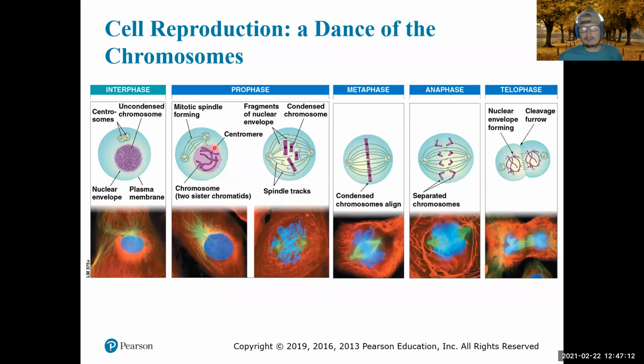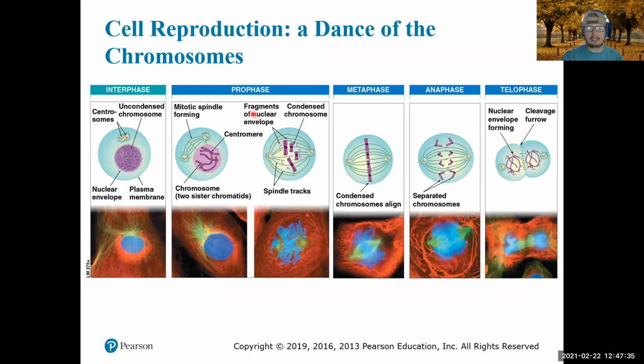And so that nuclear envelope breaks down. And then you have your mitotic spindles also forming out of the centromeres. Okay, so those tubule-like structures. And these are going to grab onto those sister chromatids during this process of cellular division.